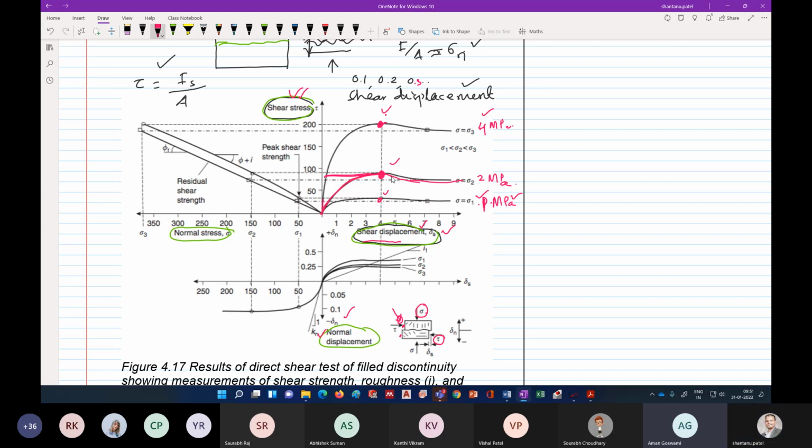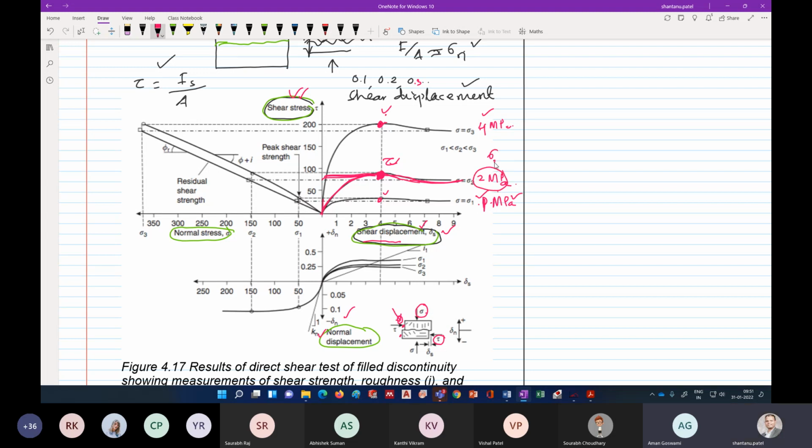It reaches a peak value, the highest value here, and then it goes down. This highest value is called the shear strength tau for this value of sigma n.